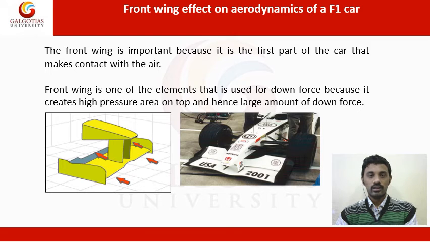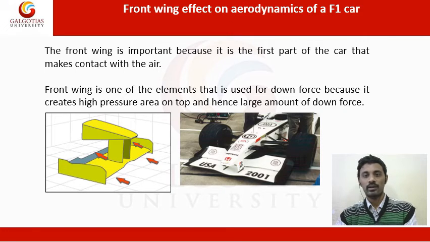In the last slide, we saw how aerodynamics is important in a Formula One car, and this slide will tell you the role of the front wing in the aerodynamics of a Formula One or F1 car. The front wing, as you know, is very important because it is the first part of the car that will make contact with the moving air outside.